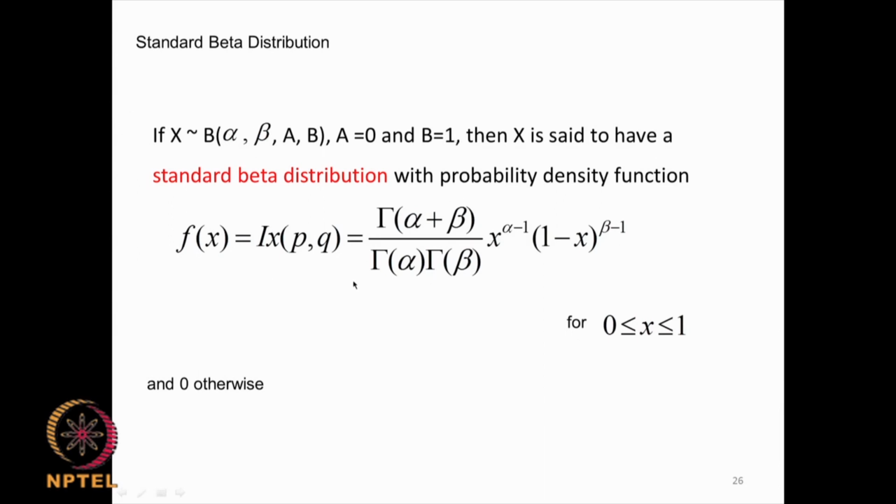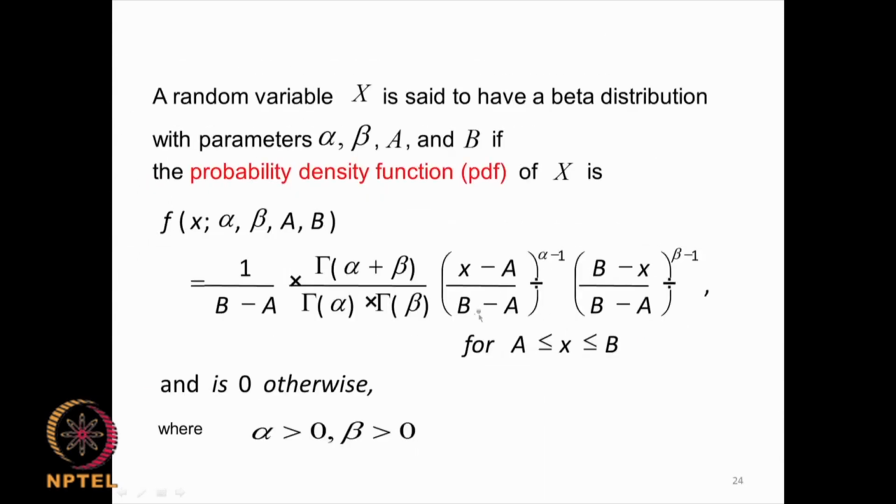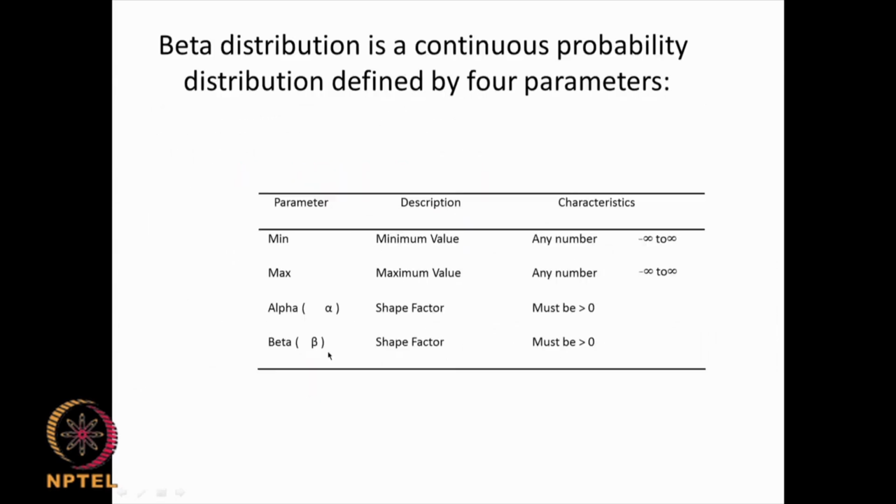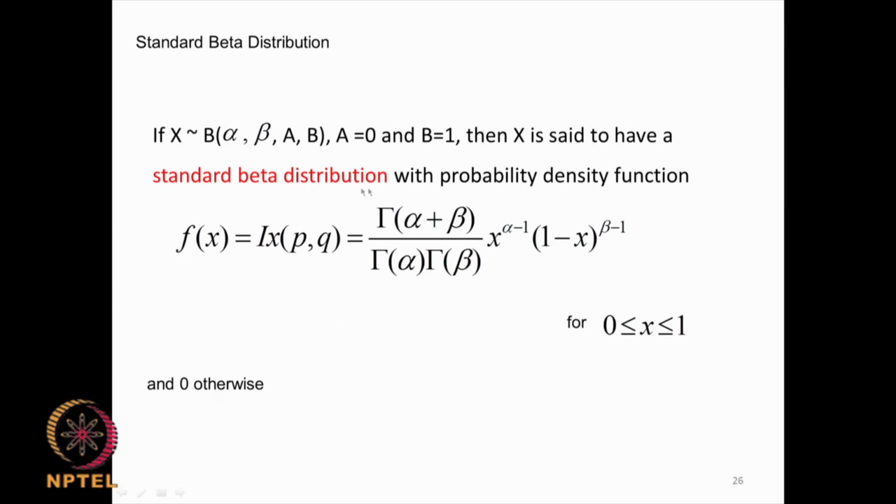If you substitute that in the previous equation, you have something quite simple looking, for x lying between 0 and 1. If it is not between these, it will be 0 otherwise.